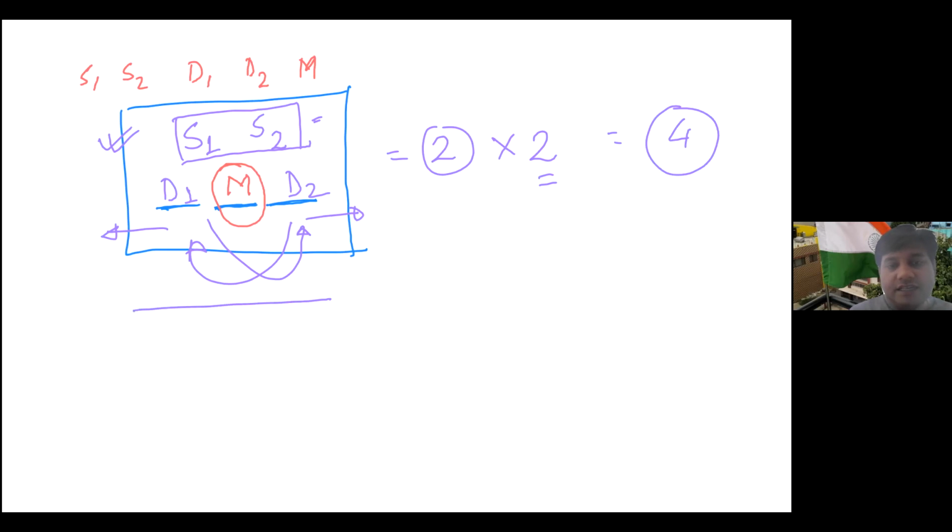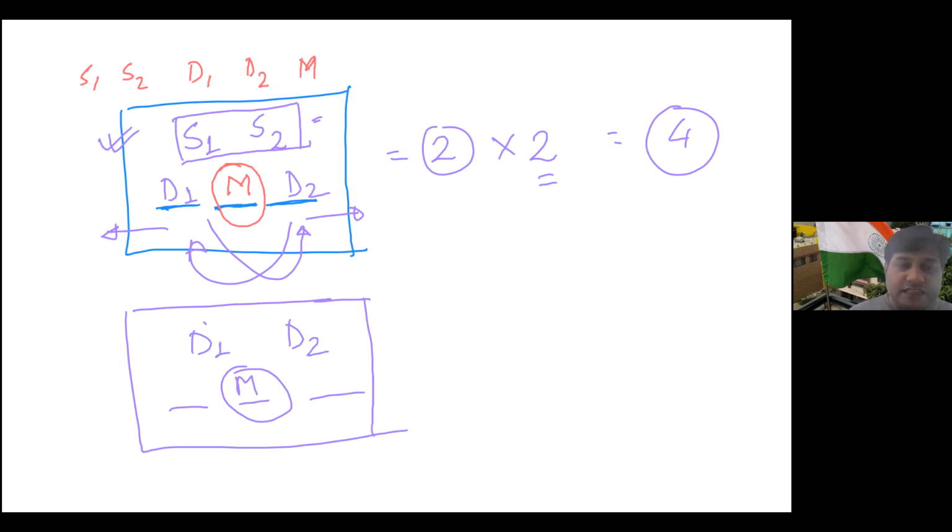Similarly, in the other scenario, obviously the mother is here only, fixed, condition fulfilled. Now we will assume that the daughters-in-law are standing behind and the sons are sitting in the front. It is the same situation as this, except the daughters-in-law are standing and the sons are sitting.